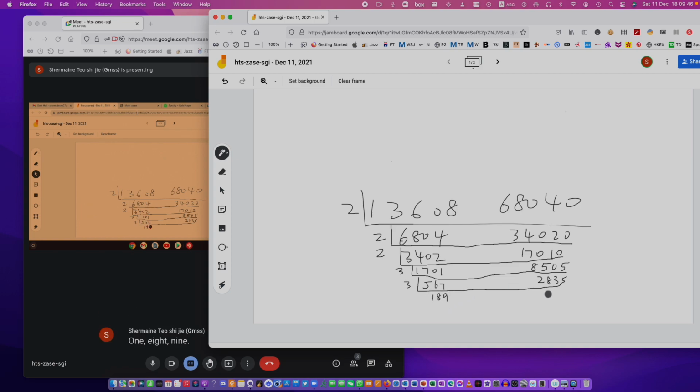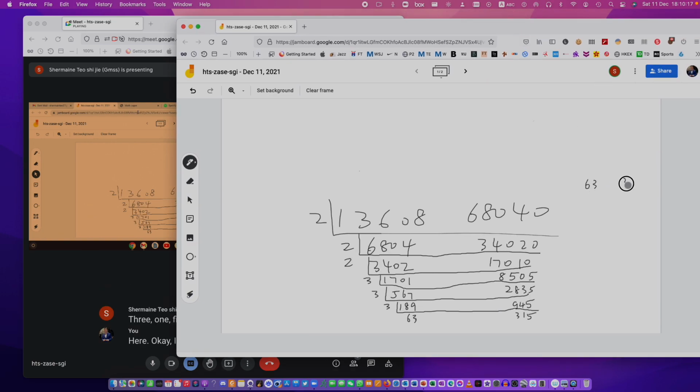This one. 945. Another 3. 63. Then this one, 315. Okay, I run out of space, so let me just continue from here.